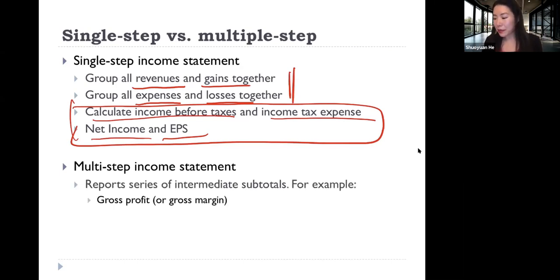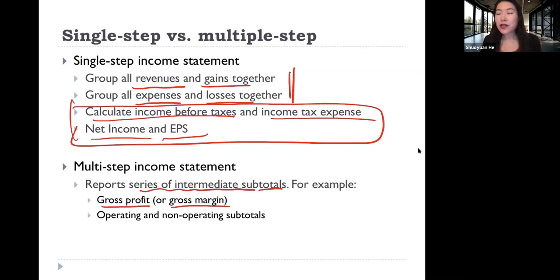Versus multiple step, it is reporting a series of intermediate subtotals. For example, gross profit, gross margin, which is the difference between revenue minus cost of goods sold. If you are in a single step, revenue should be grouped with all of the gains. Cost of goods sold should be grouped with all of the expenses.